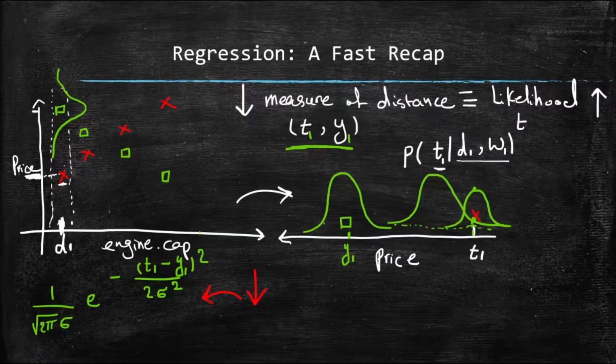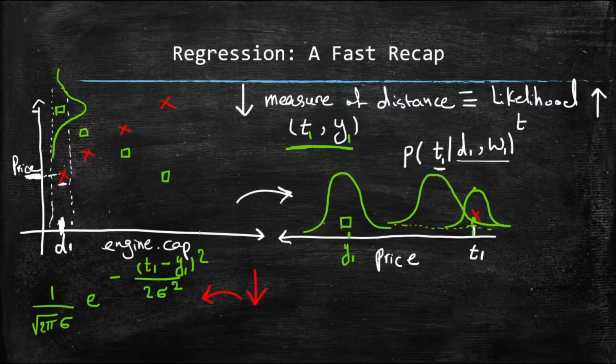Actually, T1 is the center or the mean of the Gaussian, and that means that it's in the region of the Gaussian that is very probable for the numbers around T1, T1 included, to be generated by this Gaussian.